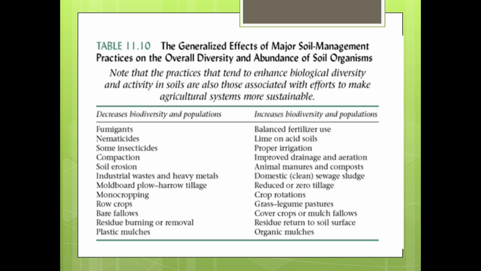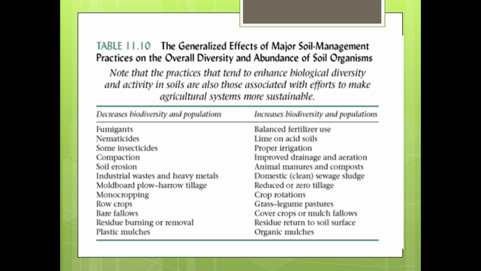So this table shows the generalized effect of major soil management practices on the overall diversity and abundance of soil microorganisms. We have to note that the practices that tend to enhance biological diversity and activity in soils are also those associated with efforts to make agricultural systems more sustainable.